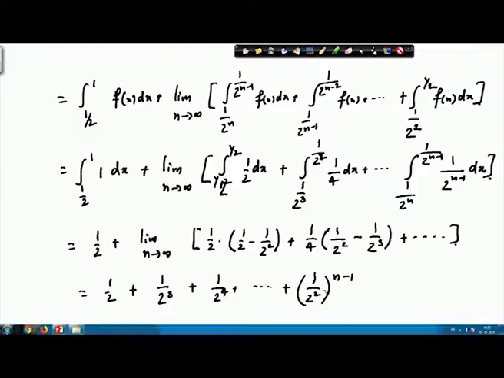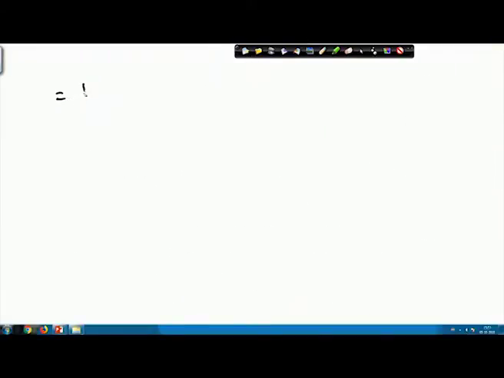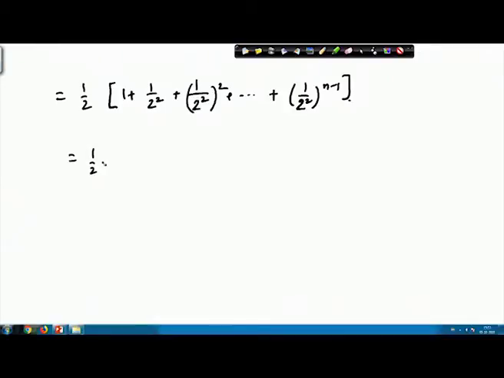If we calculate the whole thing, this will be half times 1 plus 1 by 2 square plus 1 by 2 square whole to the power 2 plus and so on, 1 by 2 square whole to the power n minus 1, and this is basically a geometric series.